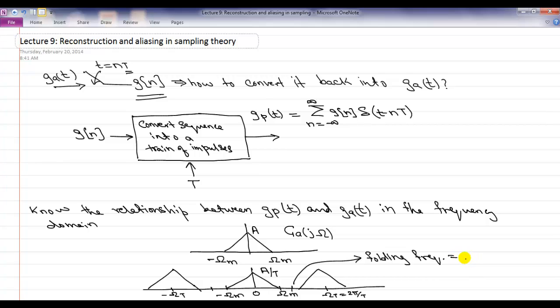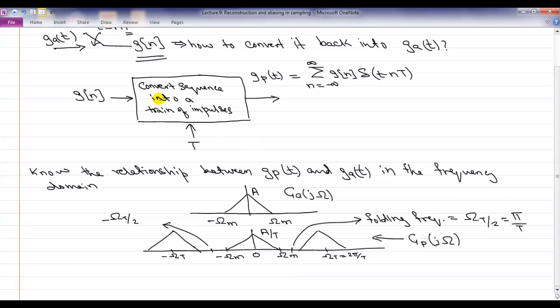That is equal to omega_T over 2, or pi by capital T. Similarly, this boundary is minus omega_T over 2. So this is your Gp(j omega). This is what we had used to prove our Nyquist sampling theorem.